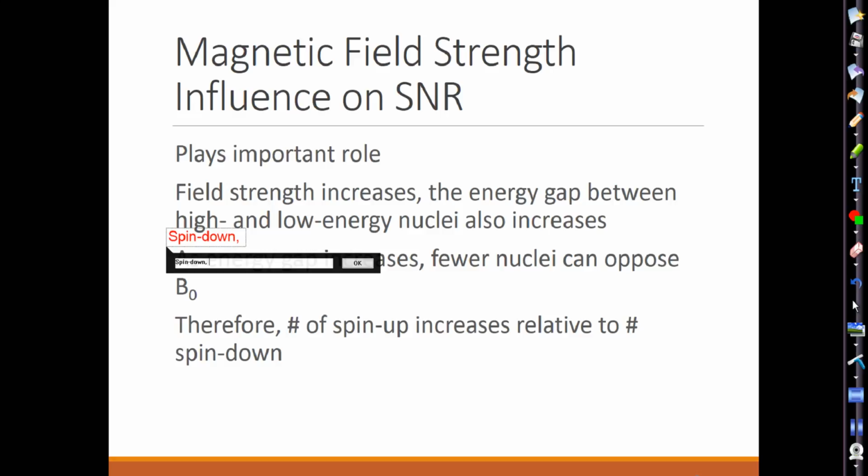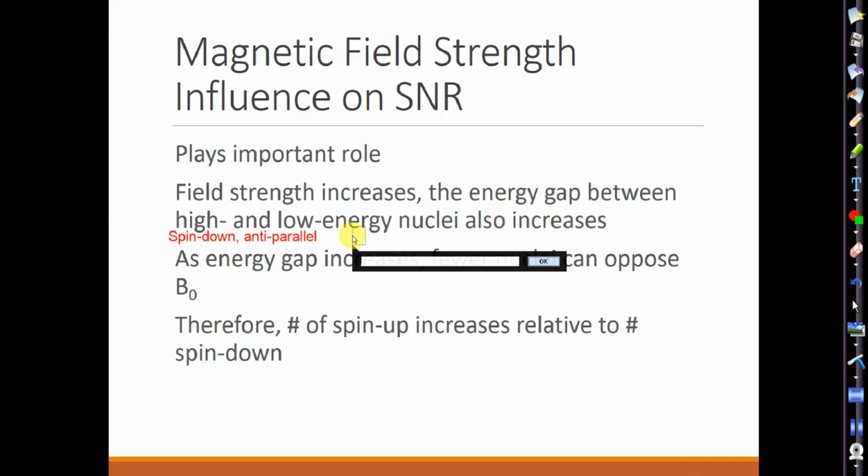Parallel or anti-parallel? Anti-parallel. And then let's just review low energy. That's going to be your spin up, because they're going with the static magnetic field.